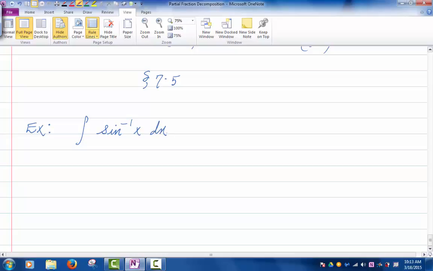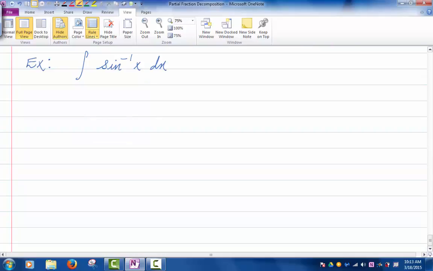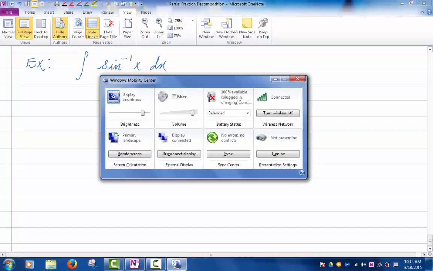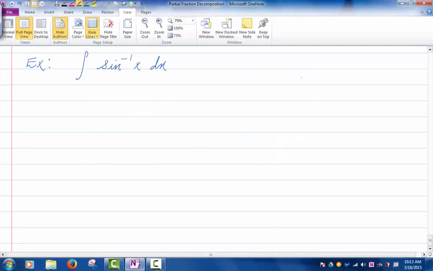How would you find that? Well, you basically have no choice but to try and see if integration by parts will help. So when you apply integration by parts, let's go ahead and take u to be sine inverse of x.